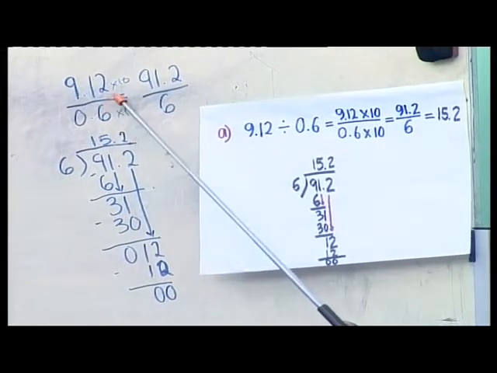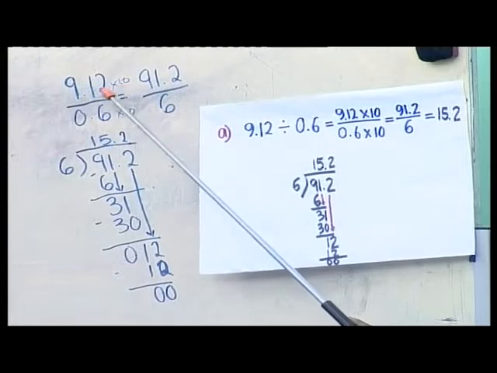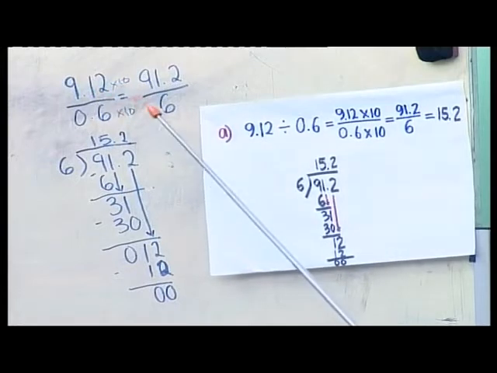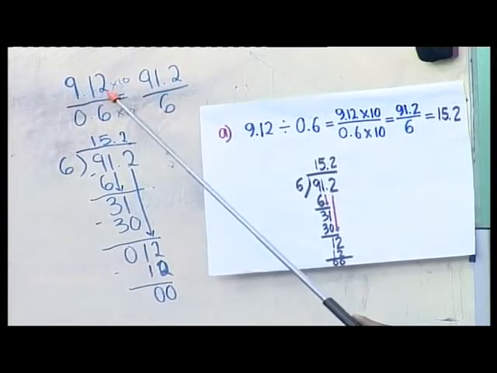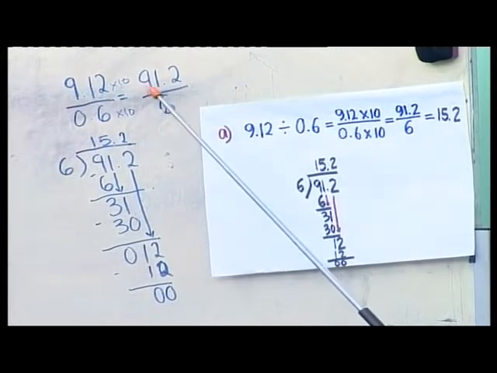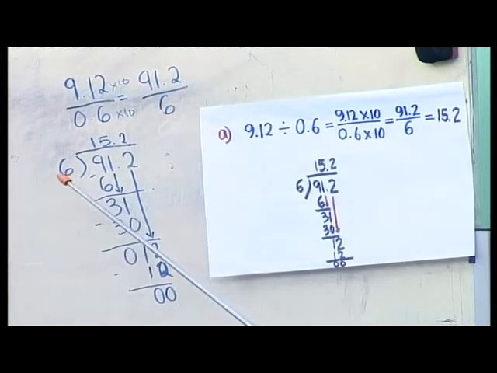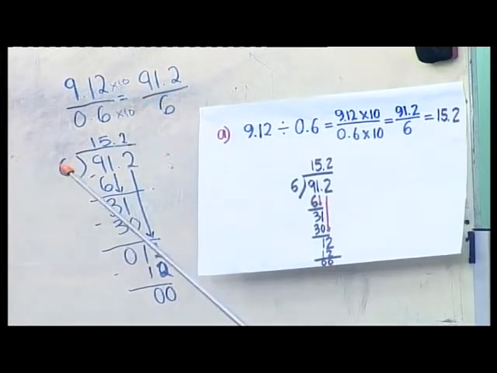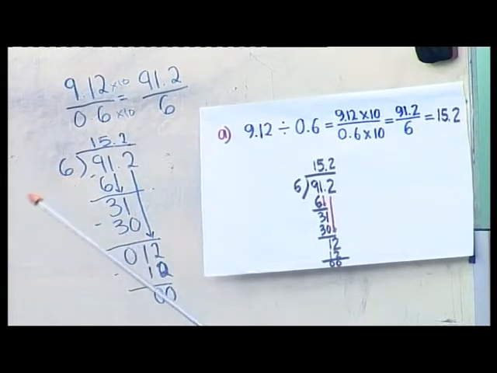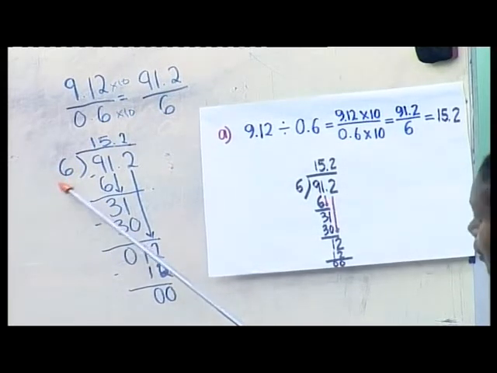Once you move your decimal place or multiply by 10, you now have your new number as the divisor 6 and the dividend 91.2.